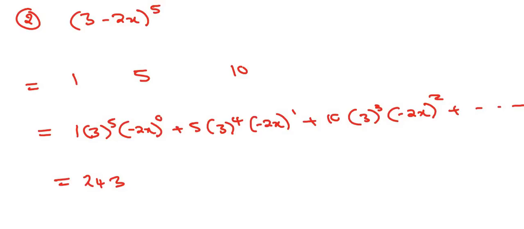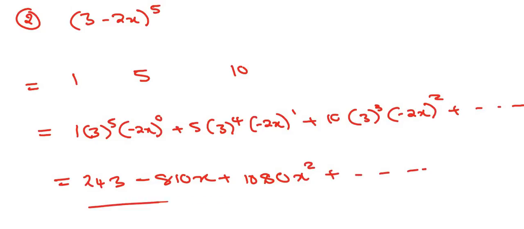That's going to give us 810x. Then this here will be positive: 3 to the power 3, multiplied by 10, then multiplied by 4, which is 1080x squared. So this is basically what they wanted.